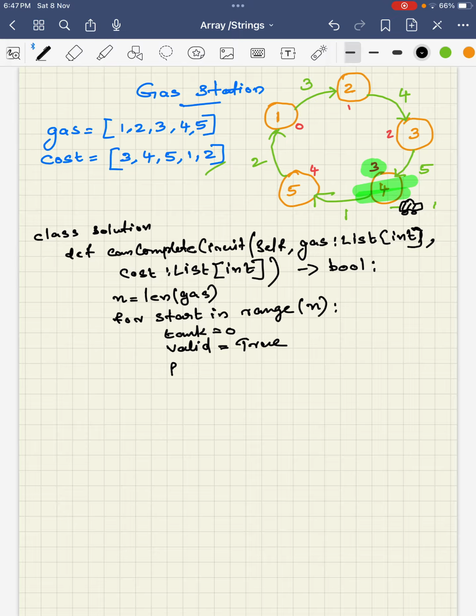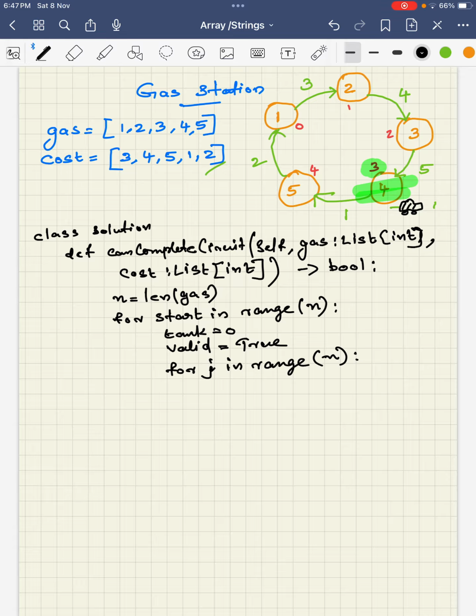Then another iteration, for j in range of n, let's use j, then it would be easier to track.